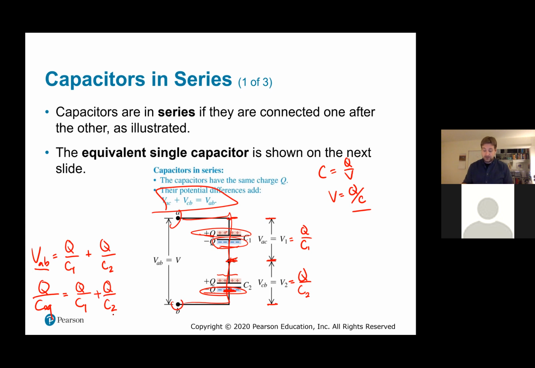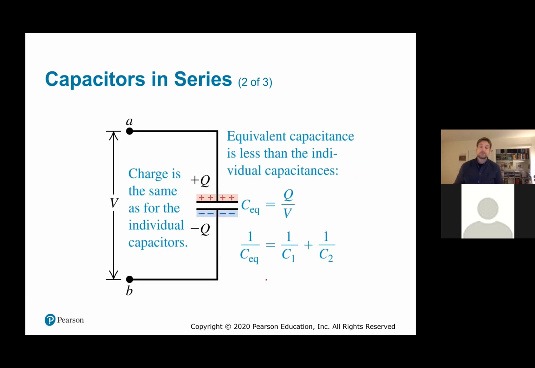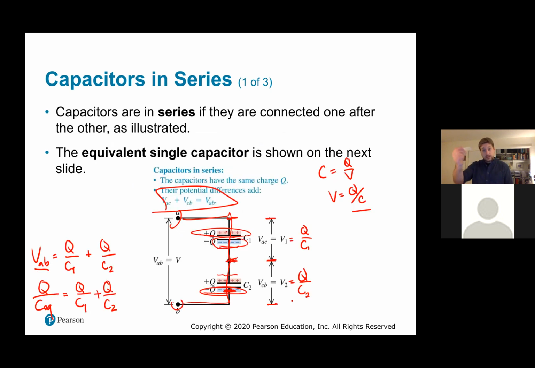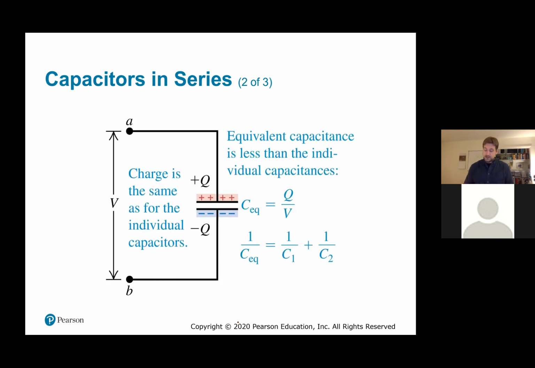And we end up with this relationship if we divide through by Q: the equivalent capacitance of two capacitors in series, I guess they don't have to be equal, we're calling them C1 and C2, is the reciprocal of the sum of the reciprocals.